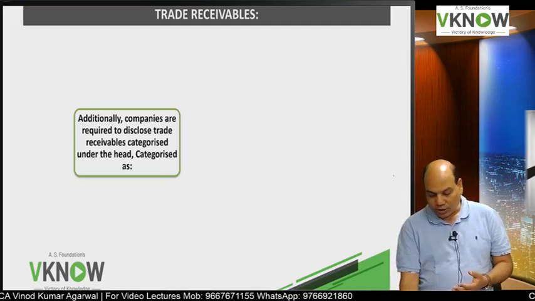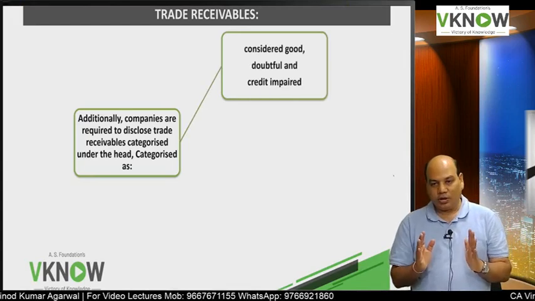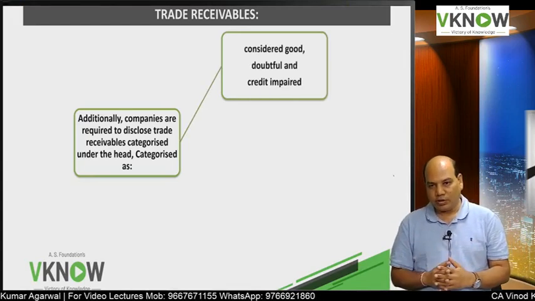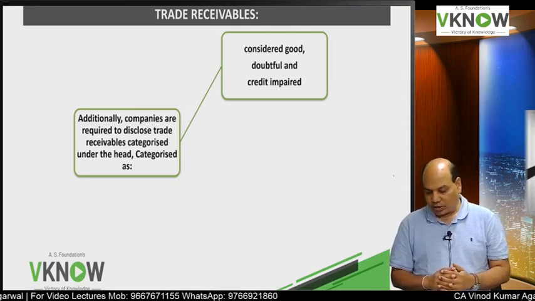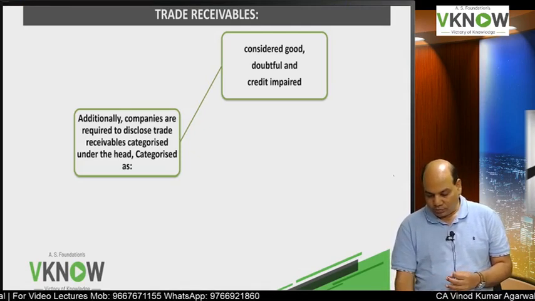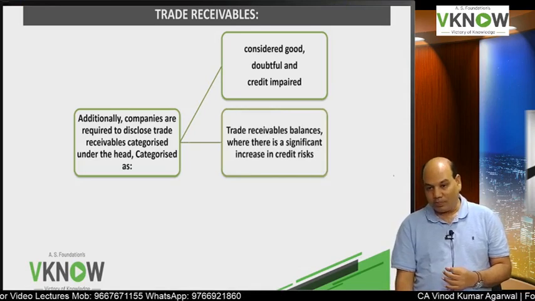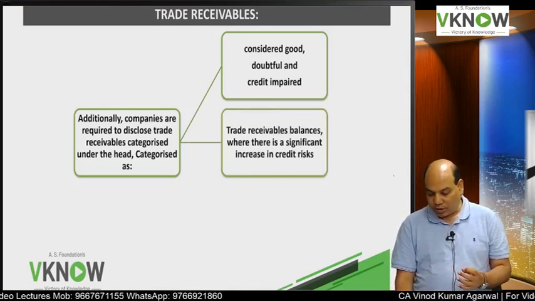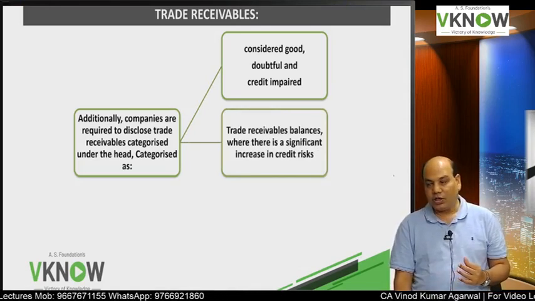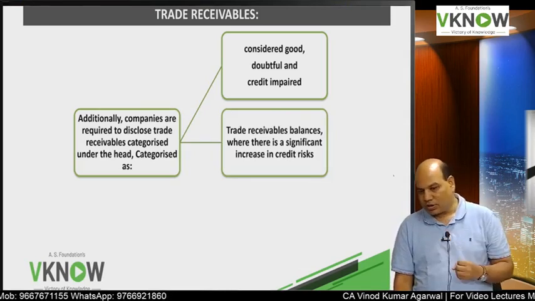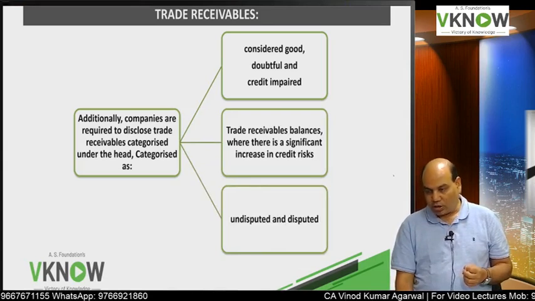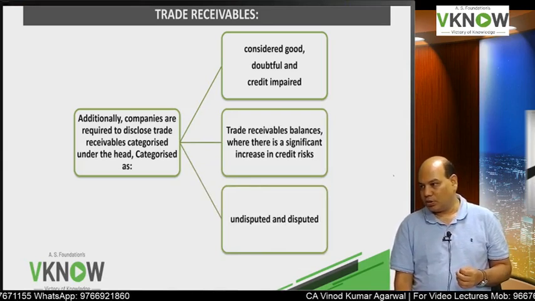In addition, the company will have to give the following bifurcation of debtors: debtors considered good, debtors considered doubtful, debtors considered credit impaired, then trade receivable balance where there is a significant increase in credit risk, which we have discussed in a question today, and then undisputed and disputed.